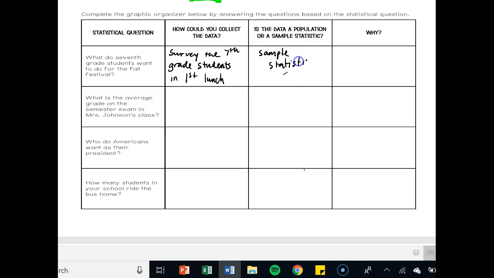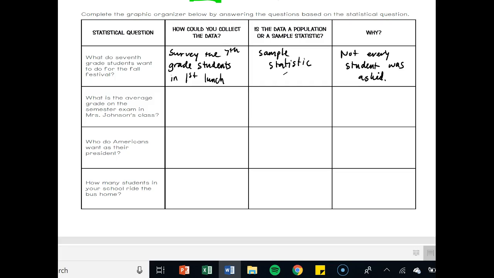Not every student was asked. If you asked every single person, then it was a population statistic. But oftentimes that's just not feasible, so we use sample surveys to represent everybody rather than trying to get a hold of everybody and get their opinion.